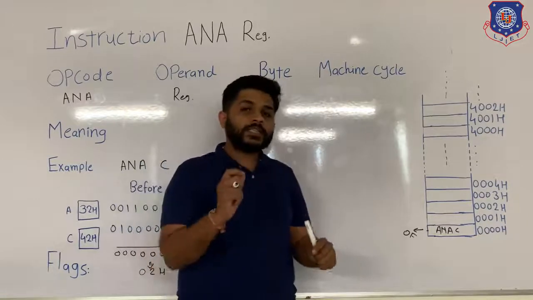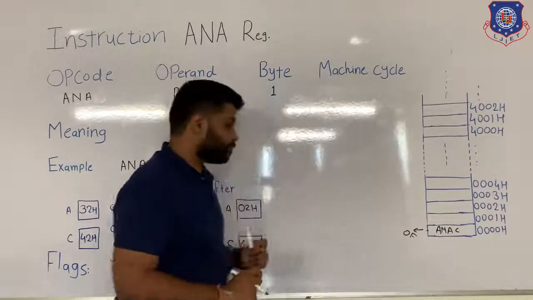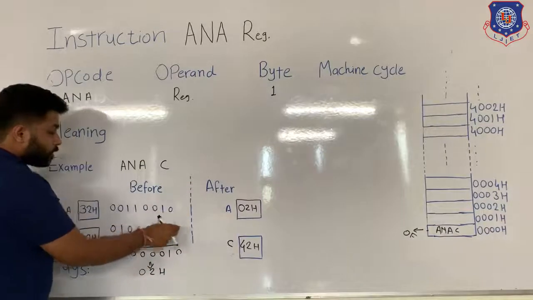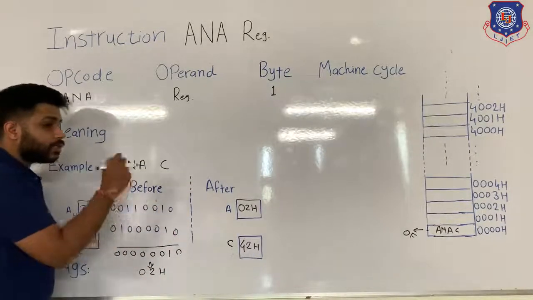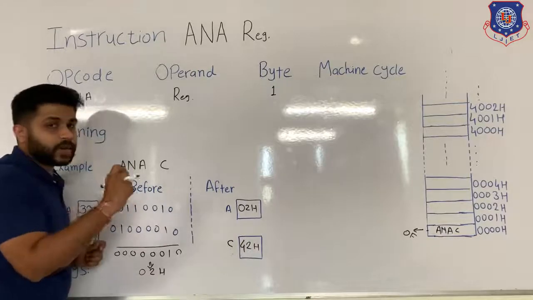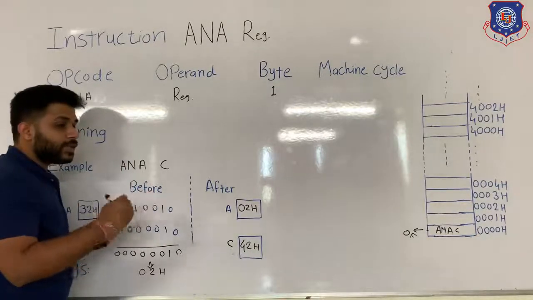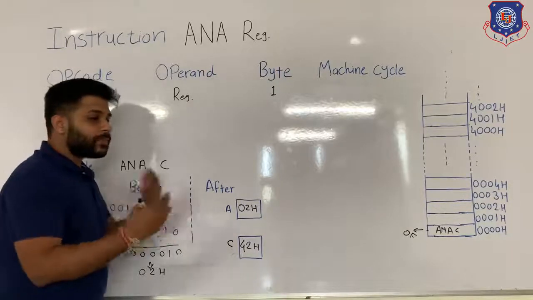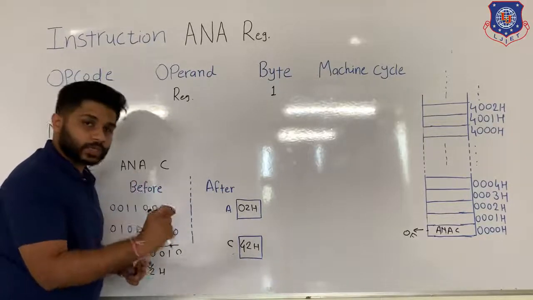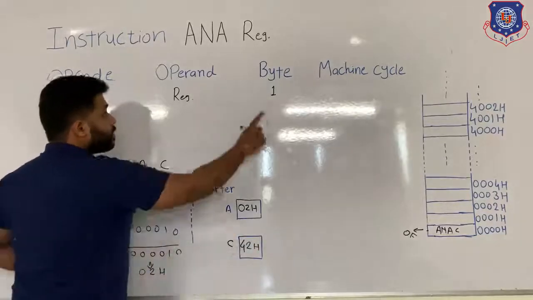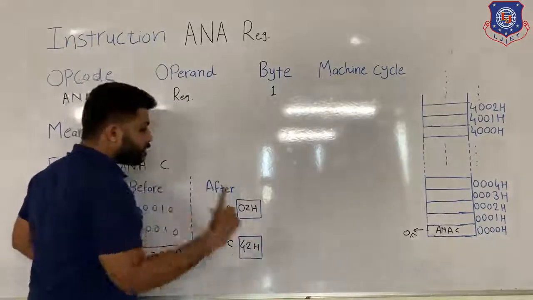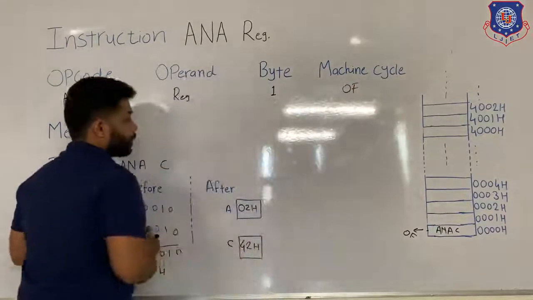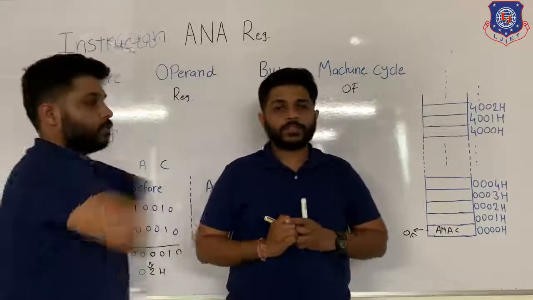In the execution, the processor is doing logical AND between two registers, and those registers are part of the microprocessor. So the processor is not doing any interaction with the memory during the execution. It means in this instruction only one machine cycle is required, that is opcode fetch. Okay, so this is it.